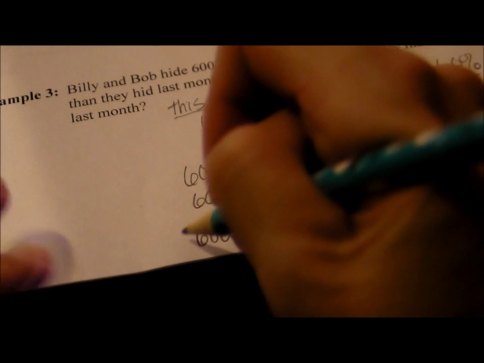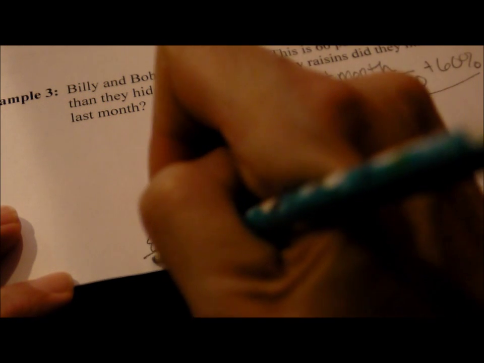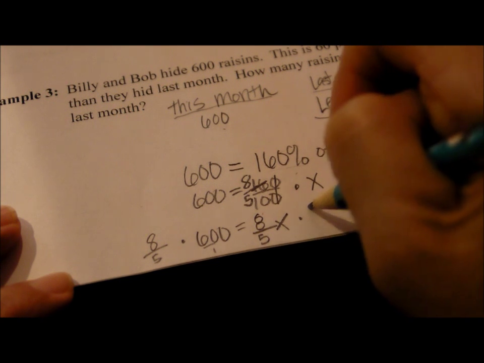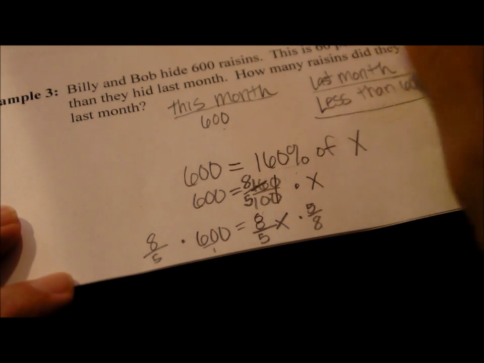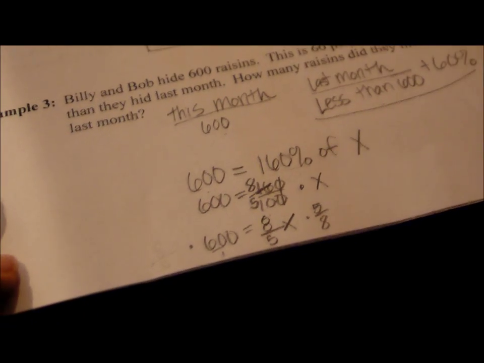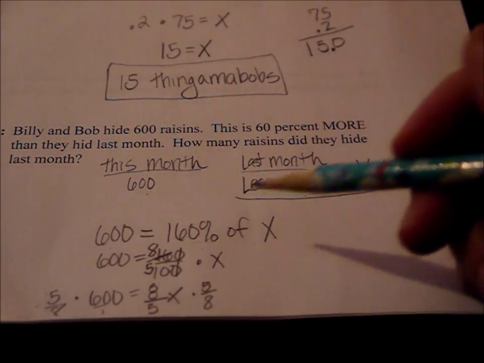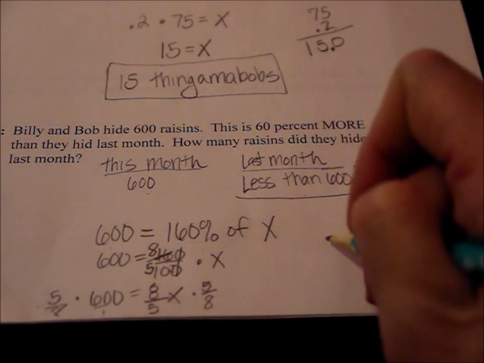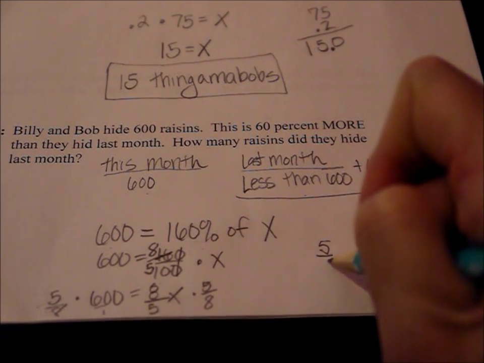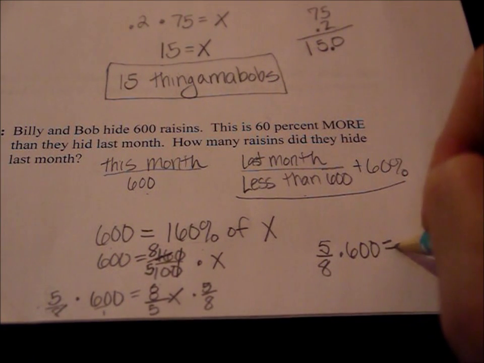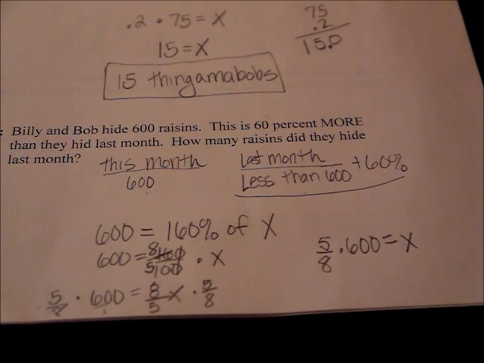Then we multiply both sides by 5/8, the reciprocal. I think I'm so concerned about falling off the paper here that I'm not thinking straight. So now I'm going to take it over here just so we can see it better. We've got 5/8 times 600 equals x, okay?